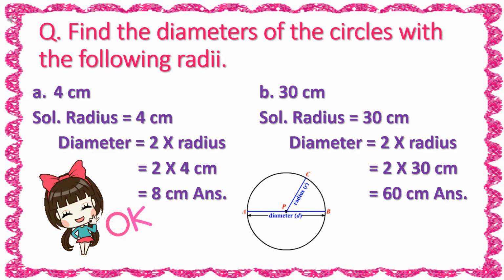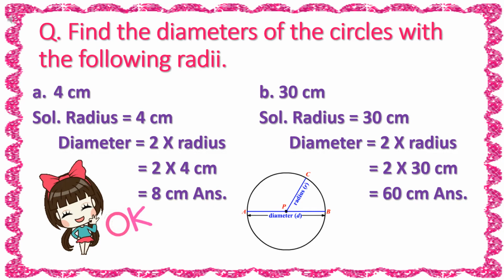And next example is 30 centimeter. That means radius is equal to 30 centimeter. तो जब हम सॉल्व करना स्टार्ट करेंगे, फर्स्ट स्टेप हमारा होगा रेडियस इज इक्वल टू 30 सेंटीमीटर. In next step, we will write the formula to find out the diameter. That is, diameter is equal to 2 multiplied by radius.